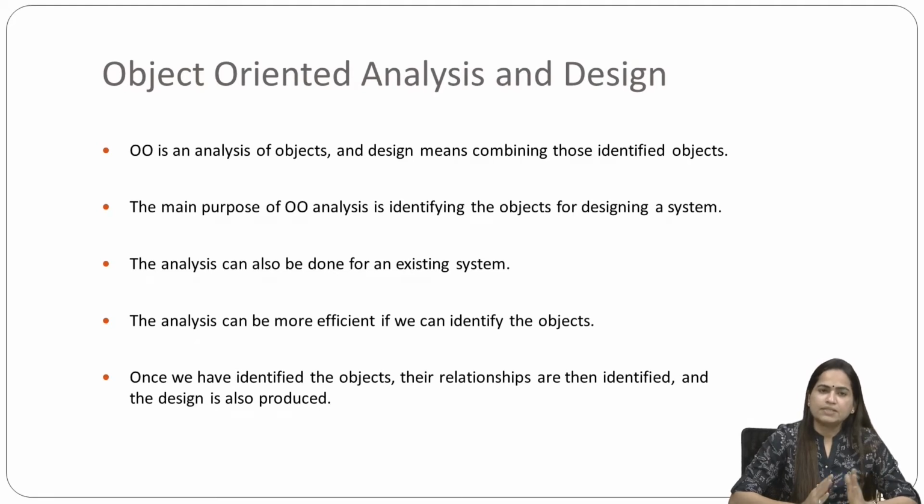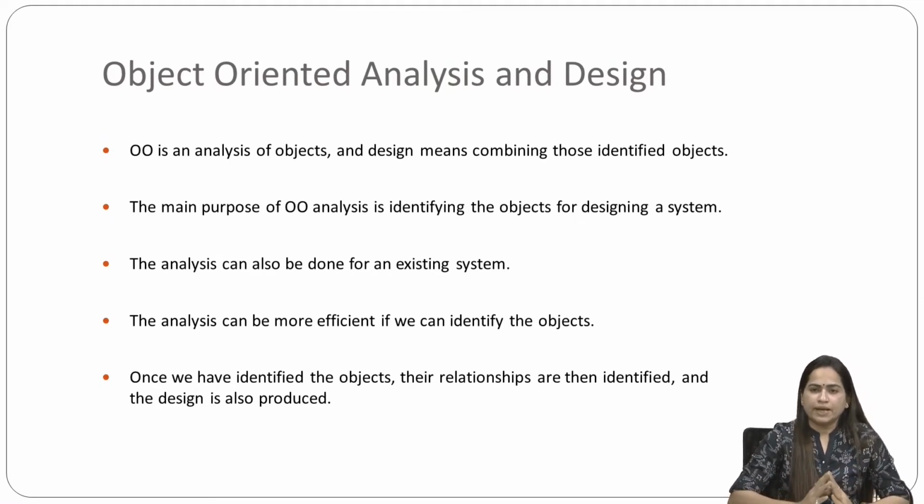The analysis can also be done for an existing system. Right now if you have a system in existence and you want to do analysis, you can. Or you can do it for a new system also. The analysis can be more efficient if we can identify the objects.